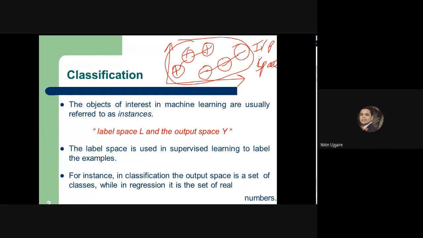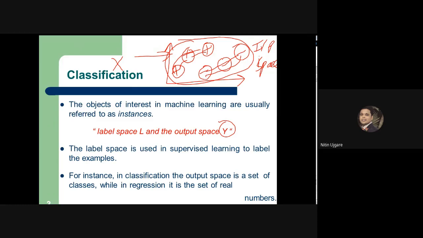So each instance in this input instance space is labeled. These 3 instances are labeled with the positive sign, and these 3 instances are labeled with the negative sign. The label space is always represented as L. The possible set of instances is called the input instance space, which is always represented by X, whereas the output space is represented by the symbol Y. The output space takes different classes or values.